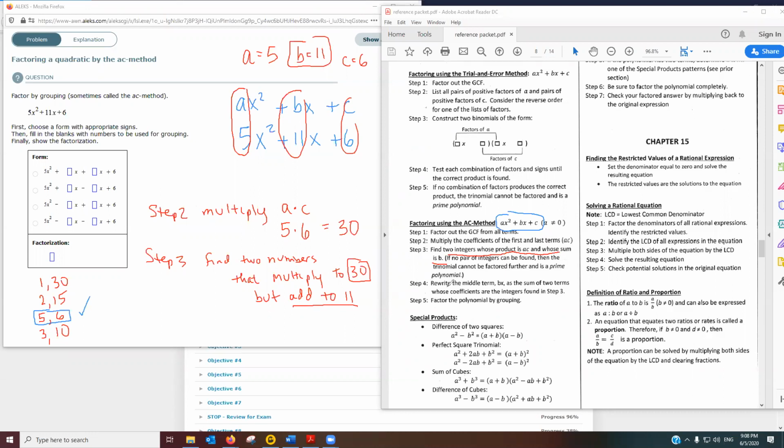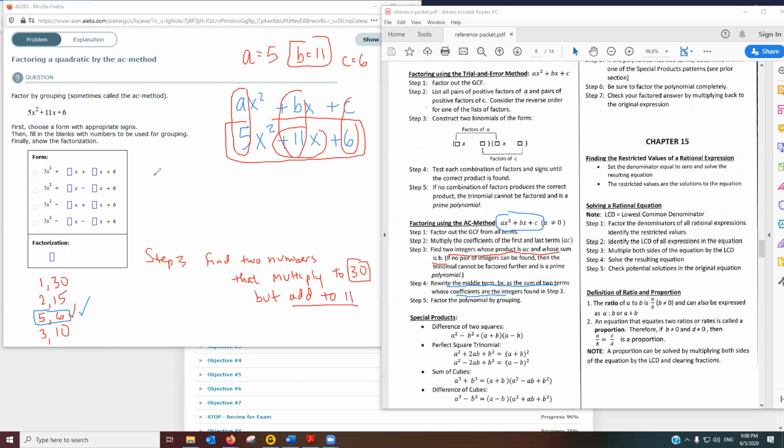All right, it says rewrite the middle term as the sum of the two terms who are the coefficients of what we found in step 3. Let me explain what that means. I'm going to take 5x squared plus 6x and rewrite the 11x using 5x and 6x that we just came up with.